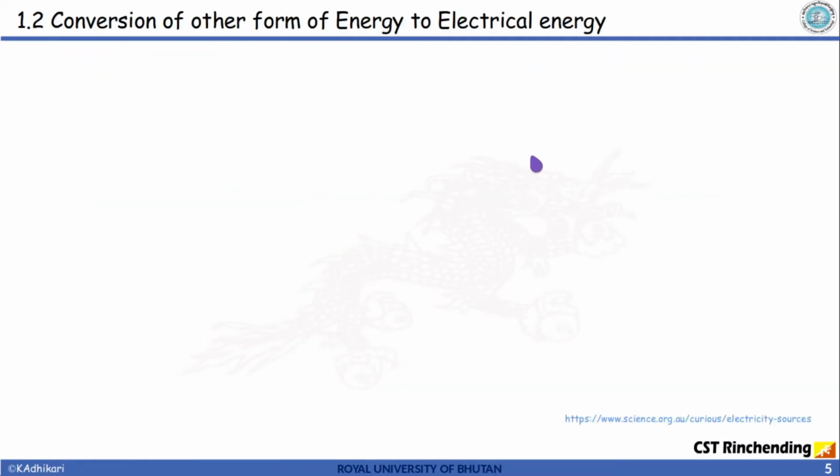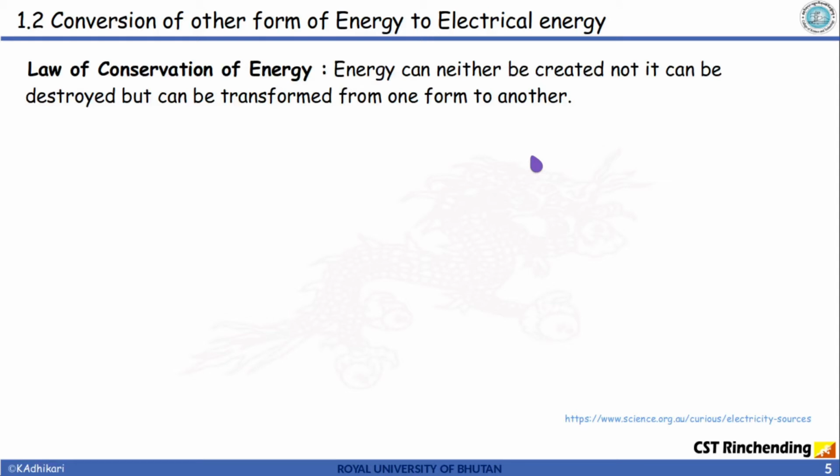Next topic we have is the conversion of other forms of energy to electrical energy. The question is why we need to convert to electricity. The simplest answer to it is we consume electrical energy the most. Look around. Almost all the appliances run with electricity.